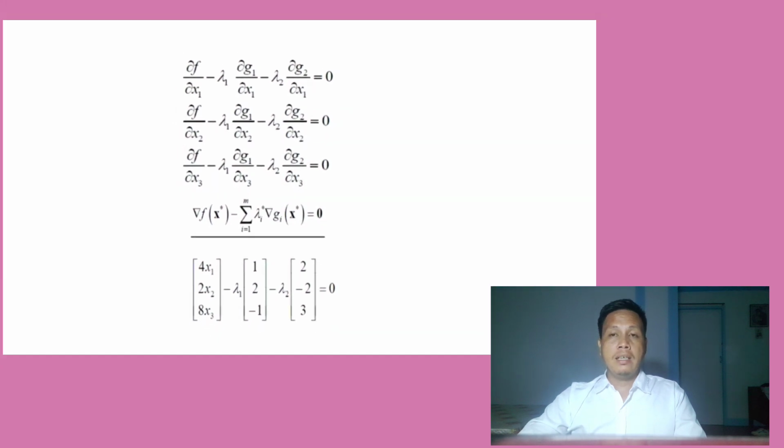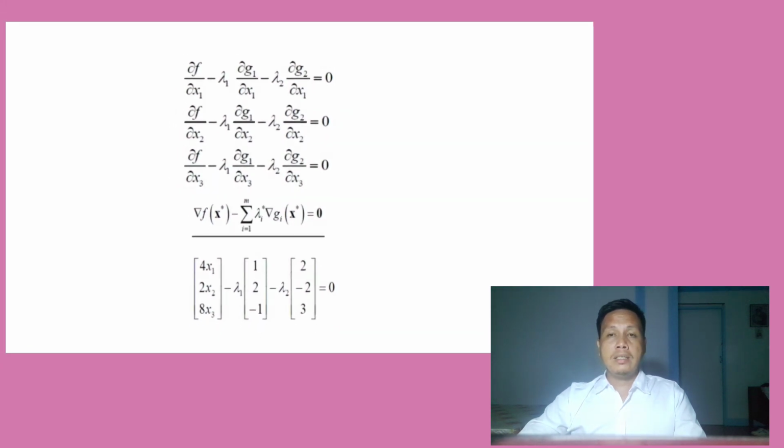Then we use this equation: partial derivative of f over partial derivative x_1, minus lambda_1 times partial derivative g_1 over partial derivative x_1, minus lambda_2 times partial derivative of g_2 over partial derivative x_1, equal to 0.